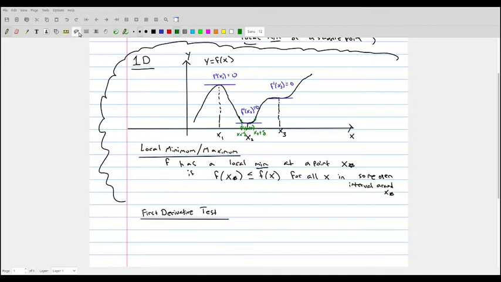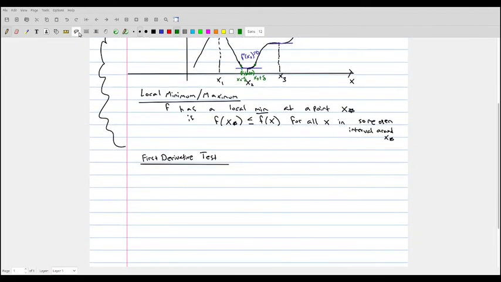You have the exact same definition, in some sense word for word, defining a local maximum. Only the inequality becomes reversed.